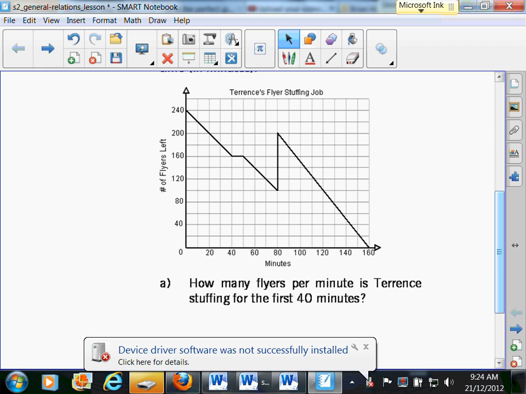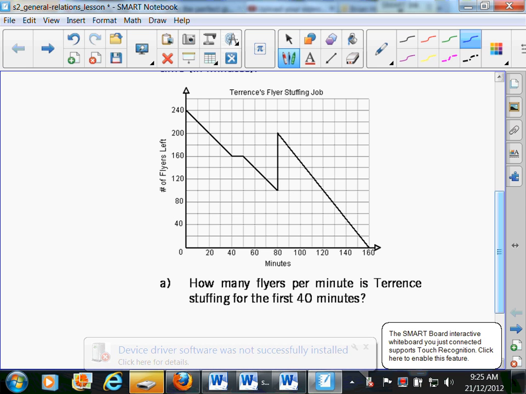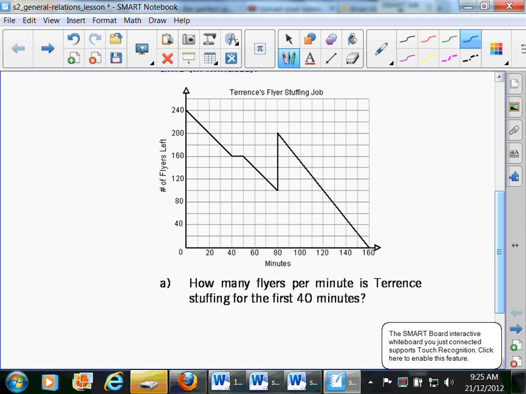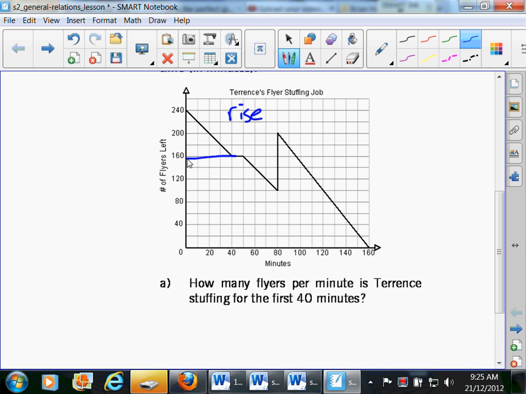Alright? So if we're going to answer this question, what we need to do is find the slope of that first piece of the graph. So rise over run. The rise goes from 240 to 160.